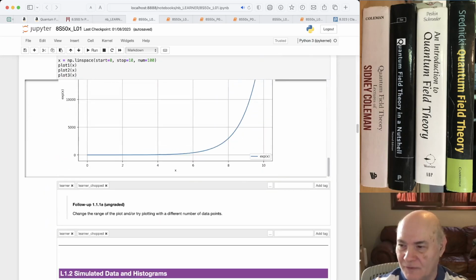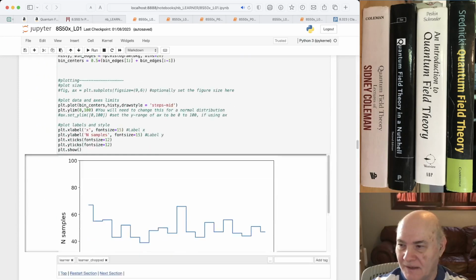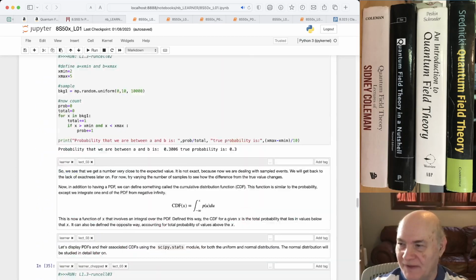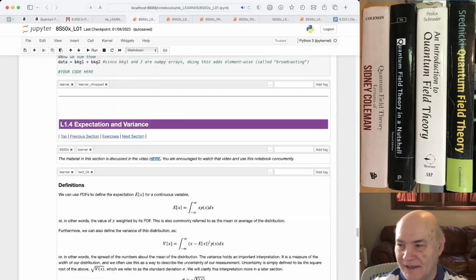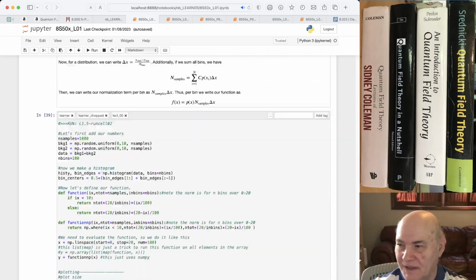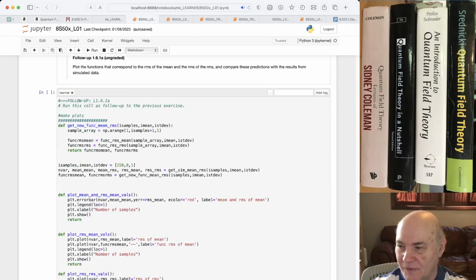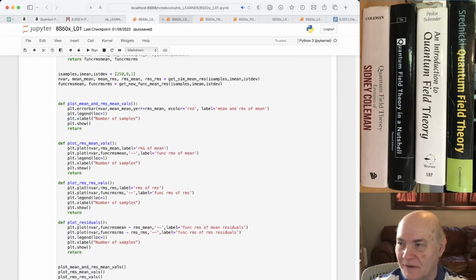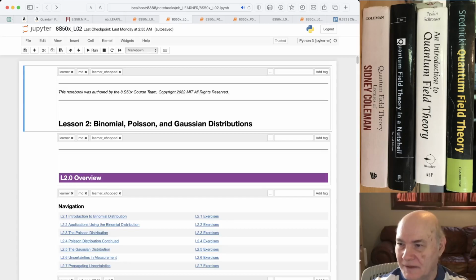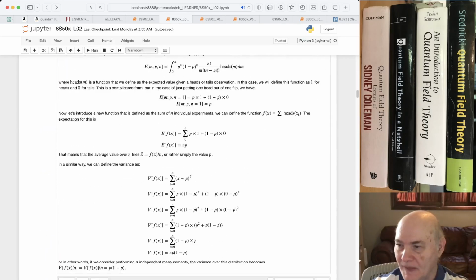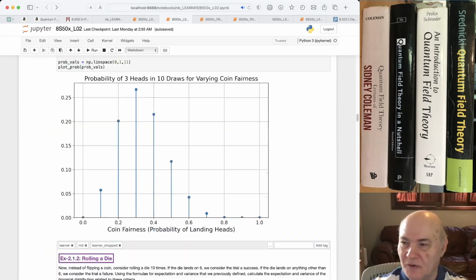They do most of it for you. If you're into this stuff, I'm not that big a fan of notebooks and writing only a couple of lines of code. I like to do the whole program and everything, but they sort of do everything for you. It makes it easy to go through, and then they have a notebook on each thing, and the lesson is in the notebook as well.